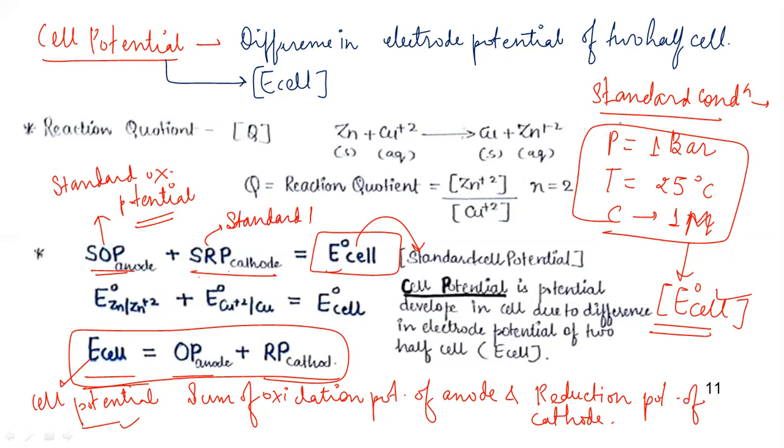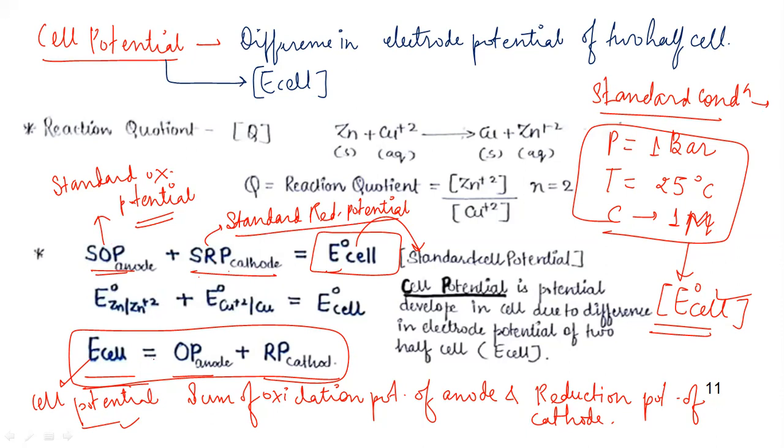So this is E naught cell. This is all about the cell potential and the standard cell potential.